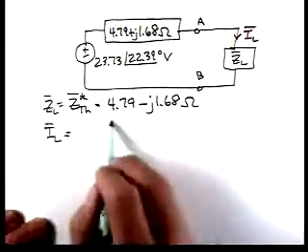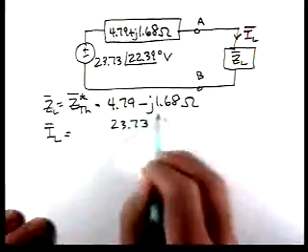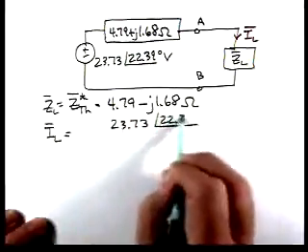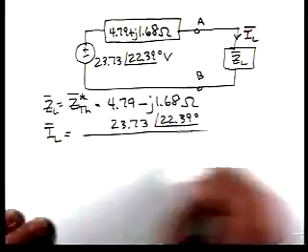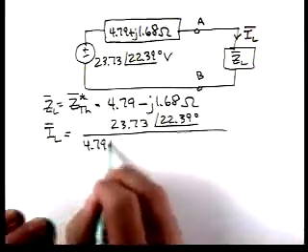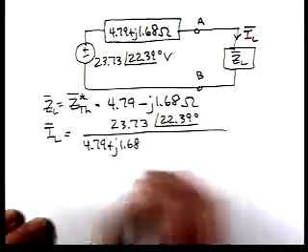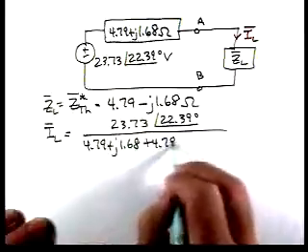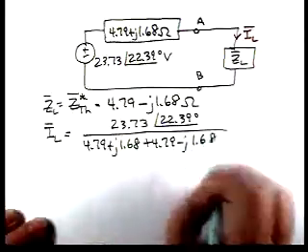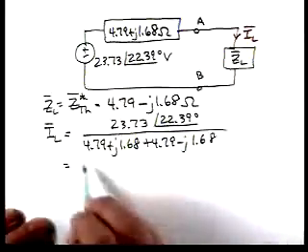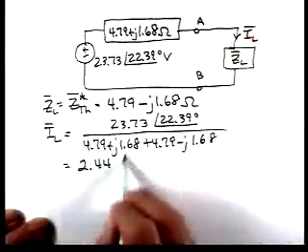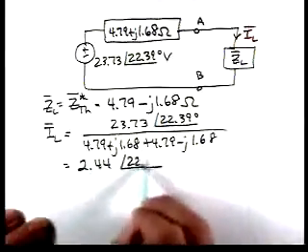IL is 23.73 at 22.39 degrees over (4.79 plus j1.68) plus (4.79 minus j1.68), which is 2.44 at an angle of 22.39 degrees.